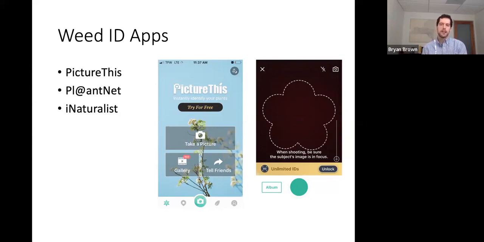Lynn Sosnowski has done some actual trials with them and found that in her trials they're around 70-80% accurate. In my own experience, they've been a little bit more accurate than that. I think it does depend on the quality of the image that you take. But this is a really big tool, and if you have a smartphone, I definitely recommend checking out these apps.